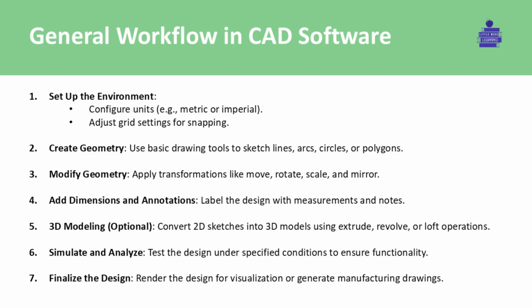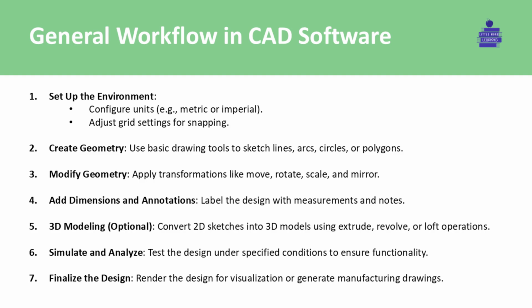Next comes creating geometry. This is where we draw our basic shapes like lines, circles, and arcs. Then we modify this geometry. Think of it as sculpting your design to perfection. Adding dimensions and annotations is like labeling your creation with all the important information others need to understand it.